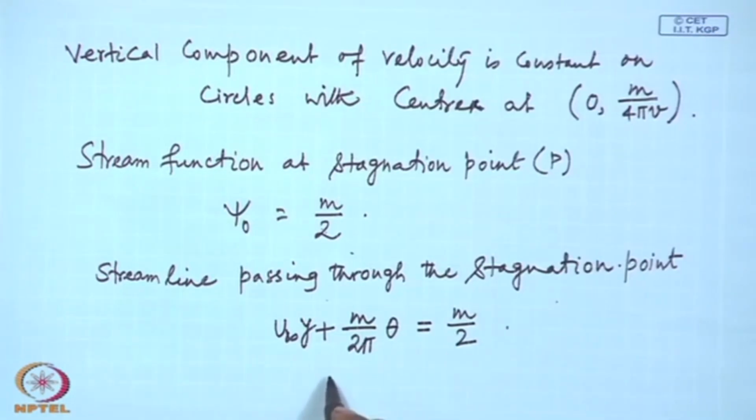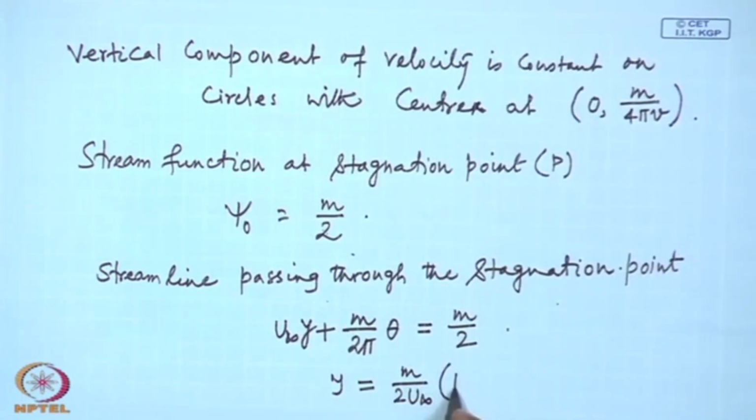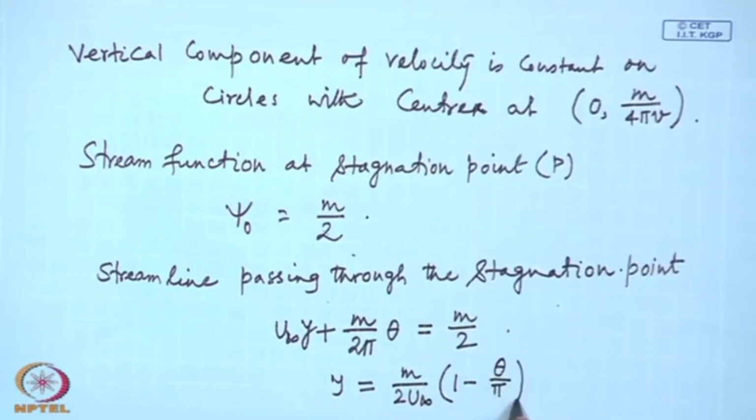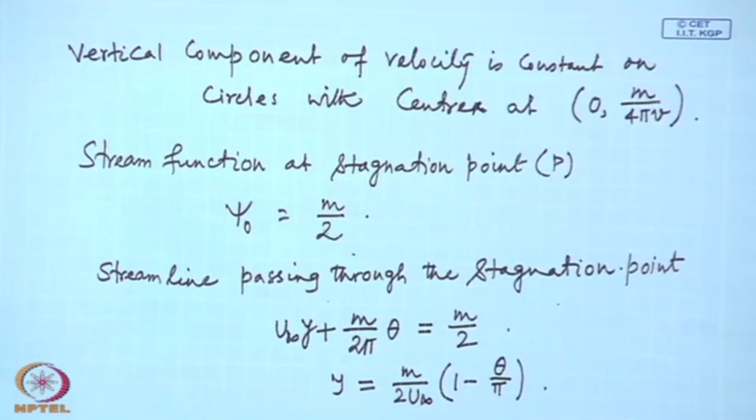Or we can write y equal to m by 2 u infinity into 1 minus theta by pi. So, this is the equation of the streamline passing through the stagnation point.